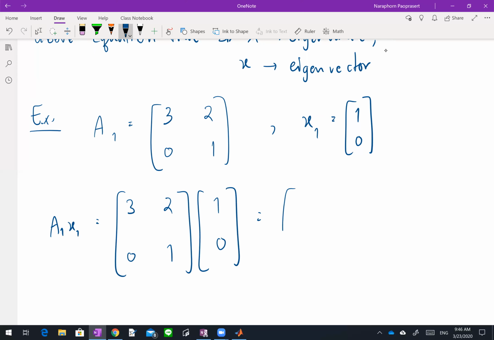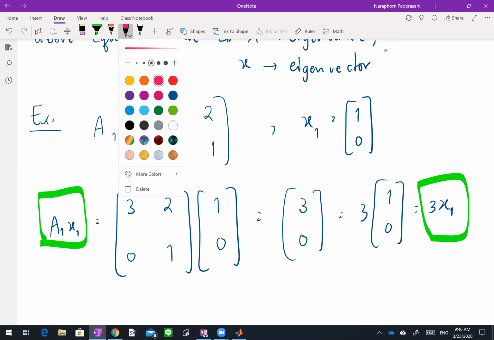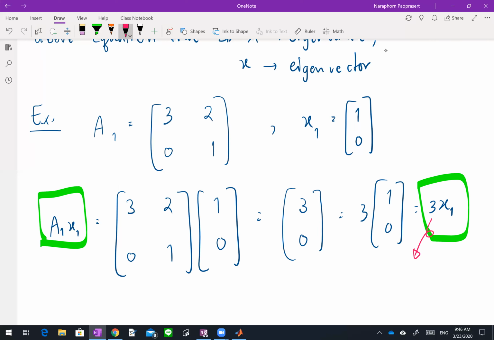This is going to be 3 and 0. So this is just basically 3 times 1 and 0. So you have Ax1 and it finally equals 3 times x1. So basically this means that 3 is actually one of the eigenvalues and x1 is the eigenvector.